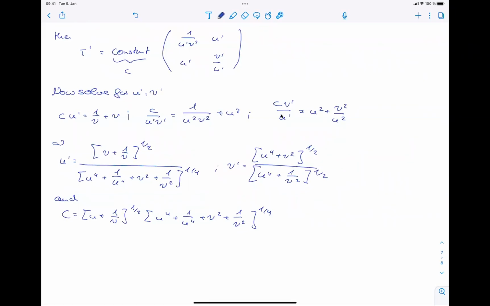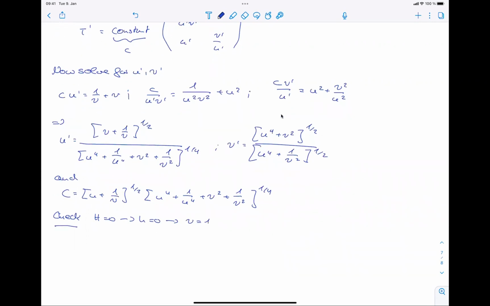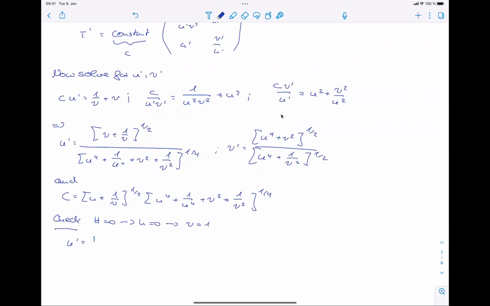So it's good to check by setting h equals 0, which is small h equals 0, which is equivalent to sending v to 1. And if we do this, we find that u prime is 1 plus 1 square root of 2 u to the 4 plus 1 over u to the 4 plus 2.